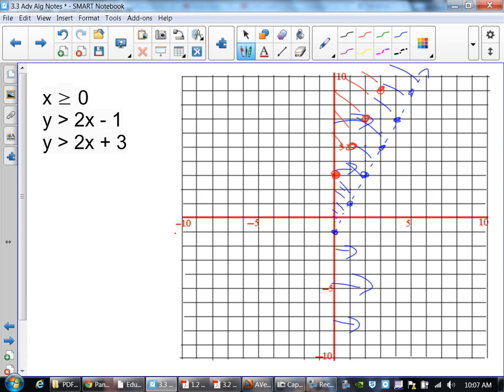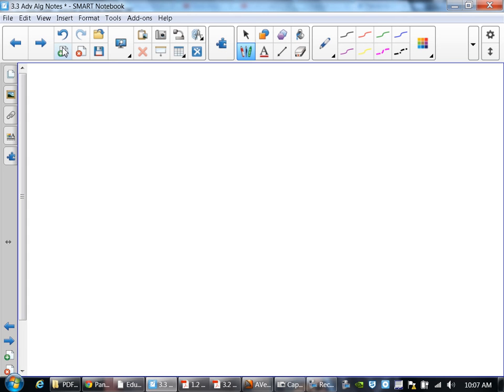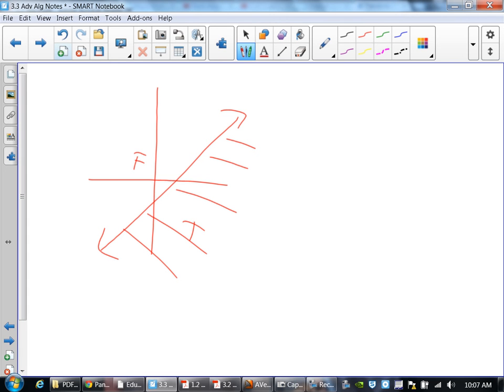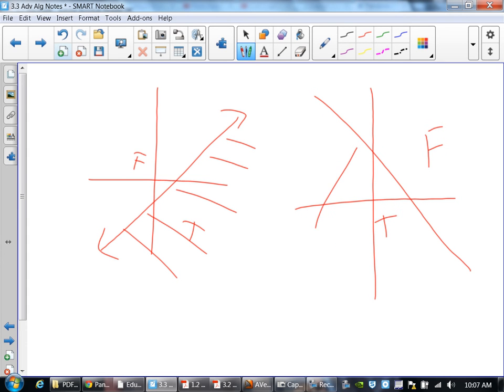You always shade towards truth. If this is false on that side, which means this side would have to be true, so I shade towards the truth. If it happens to be true on this side and false on that side, I shade towards the truth. No matter what, I always shade towards truth.